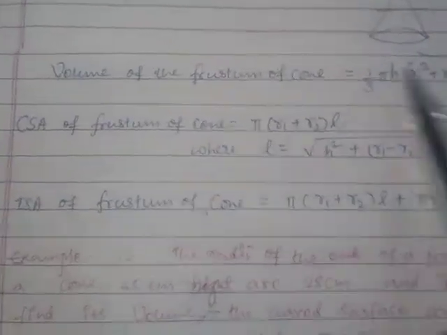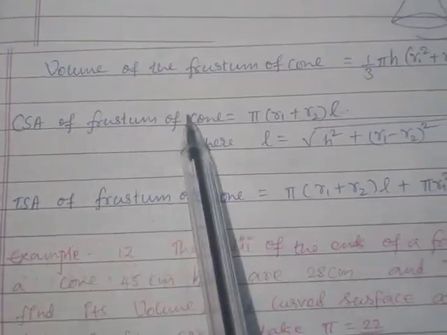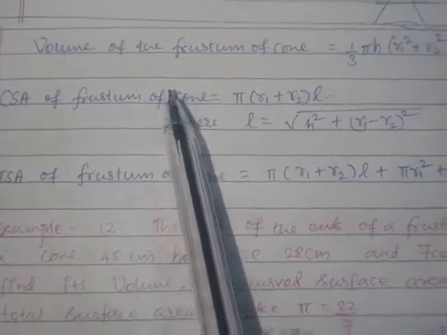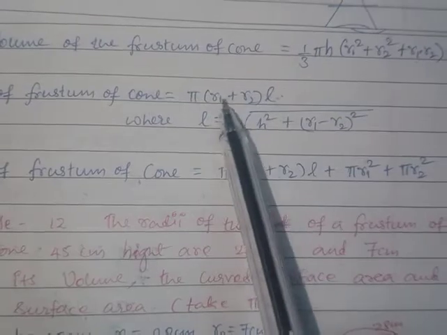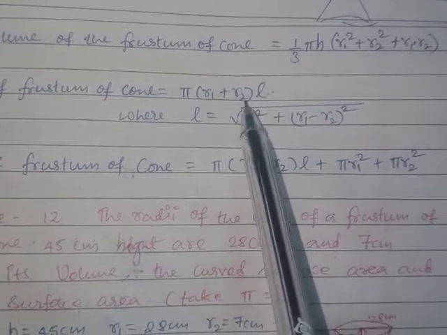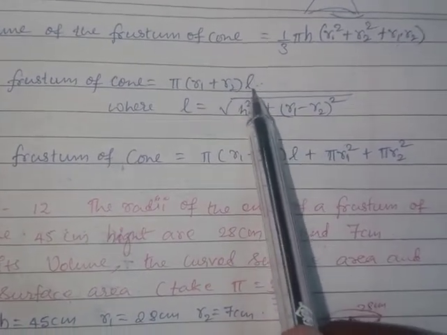What is the formula to find the curved surface area of a frustum of a cone? The formula is pi into (r1 plus r2) into slant height.